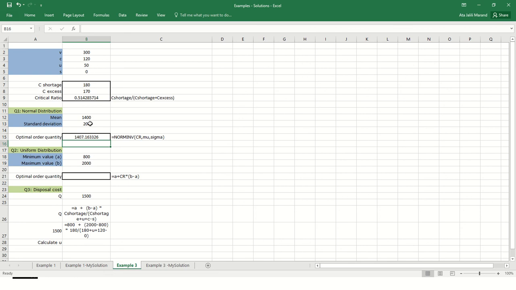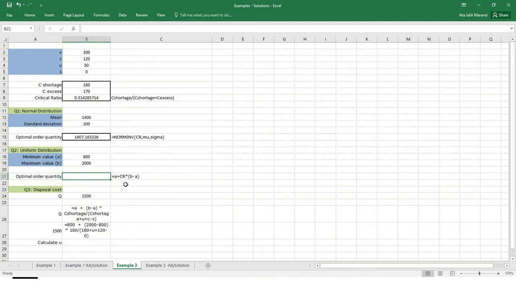In the second part, I will do the calculations for a uniformly distributed demand between A and B, where A is 800 and B is 2000. We saw the formulas in the slides, so I will use the same formulas here. We can also see the formula just beside this cell.